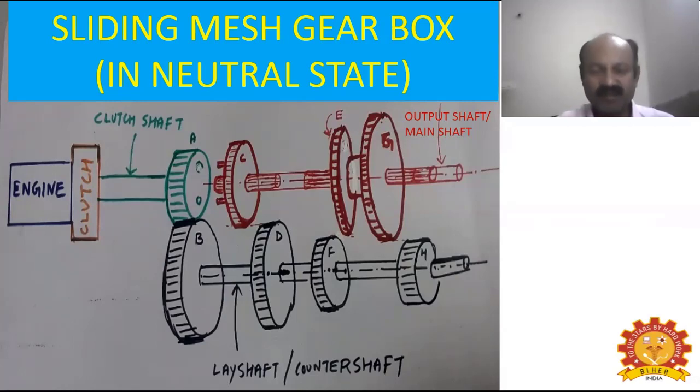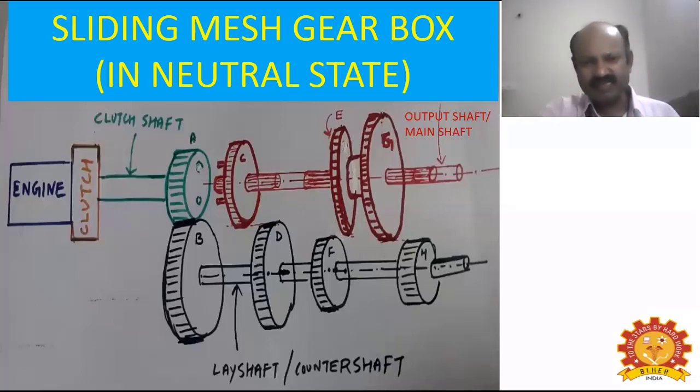Let us consider I am going to shift to the first gear. When I am shifting to first gear, gear G is a slidable gear. It slides towards the right. Gear G, the biggest gear available on the main shaft, comes to the right side and meshes with gear H marked on the lay shaft.